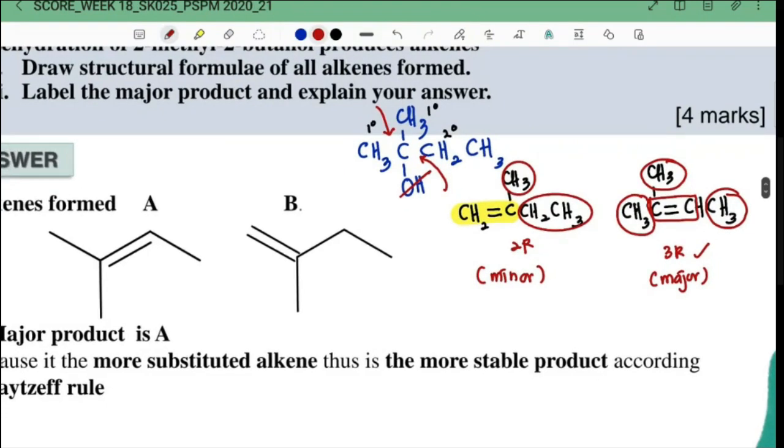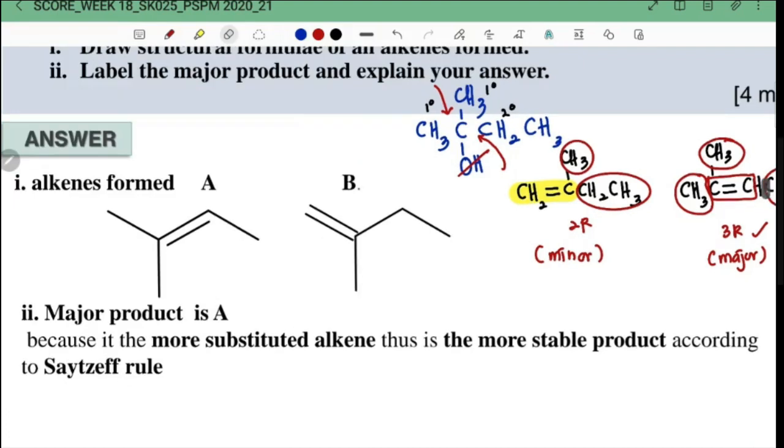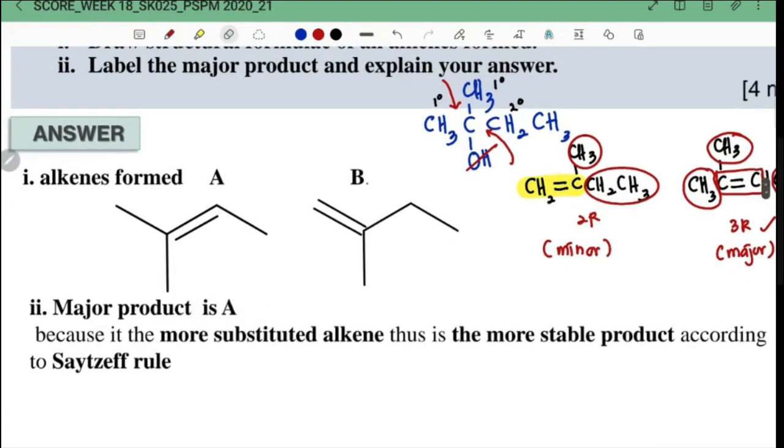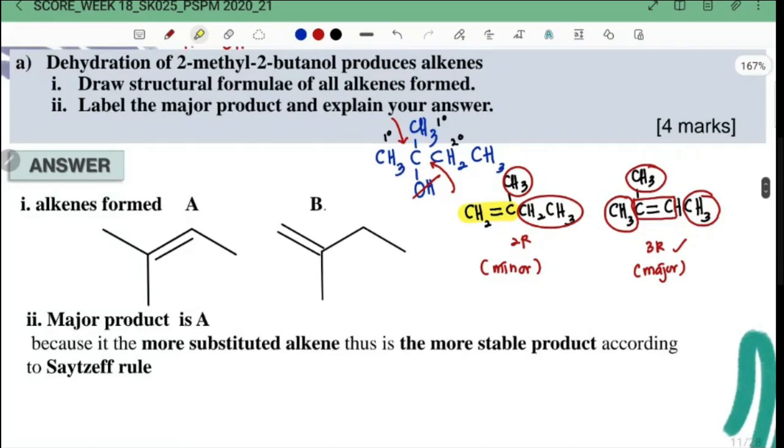So kalau kita tengok sama tak major dia. Okay, so this one is CH3, CH3, carbon double carbon, CH3. So A is the major product because most substituted. Okay, you have to explain. A is your major because most substituted alkene, the most stable product according to Zaitsev rule.